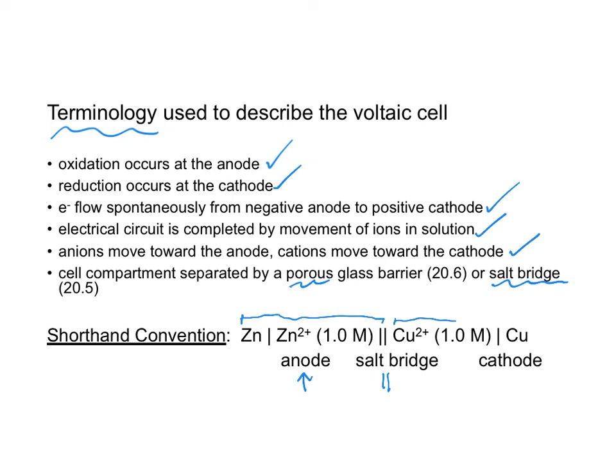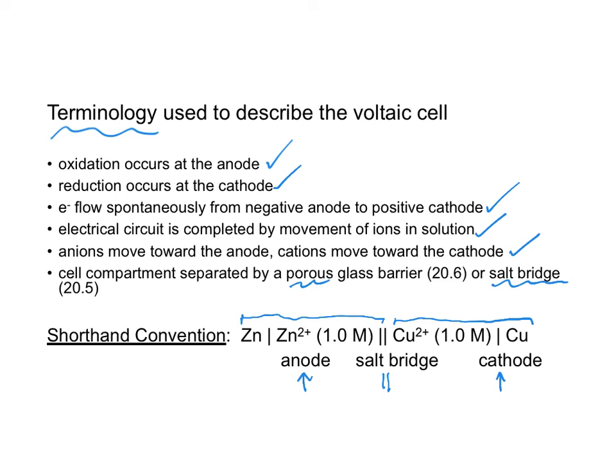Sitting on the right-hand side, it says copper 2+ copper. So essentially that represents the cathode, and that is where the reduction occurs. It is much shorter to use the shorthand, no pun intended. Instead of having to write a lot of equations, all you do is write the shorthand.